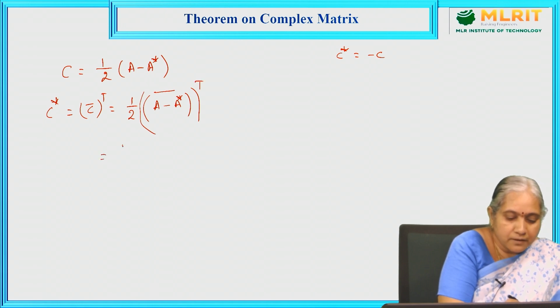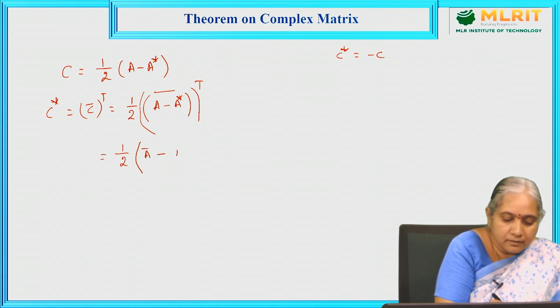So this implies 1/2 into A conjugate minus A star bar whole transpose.